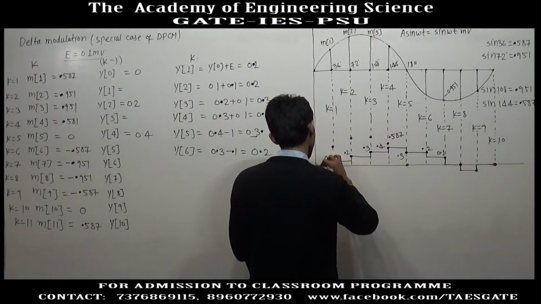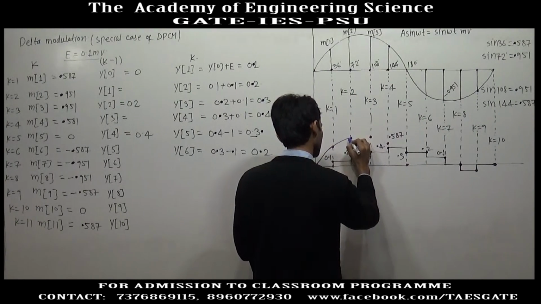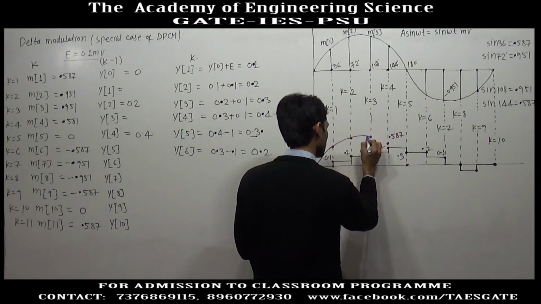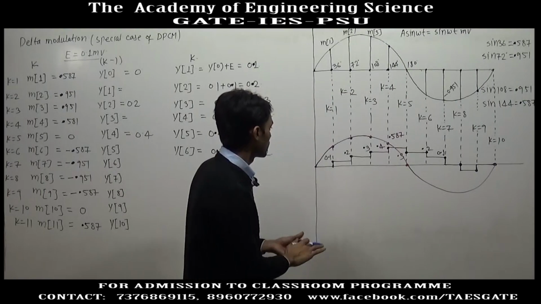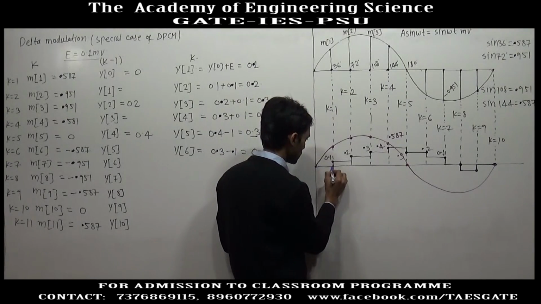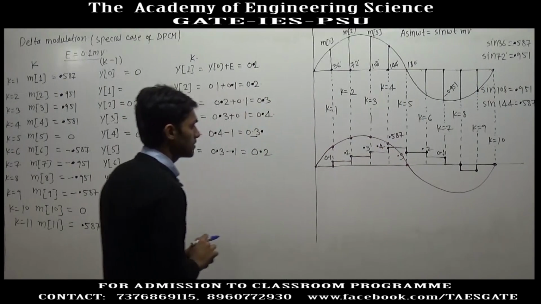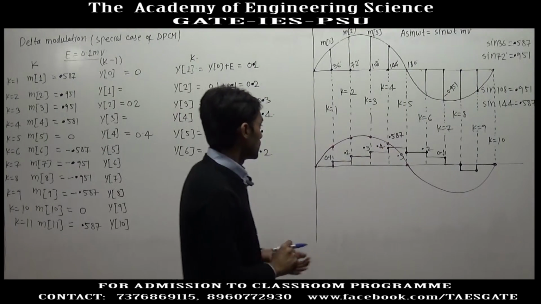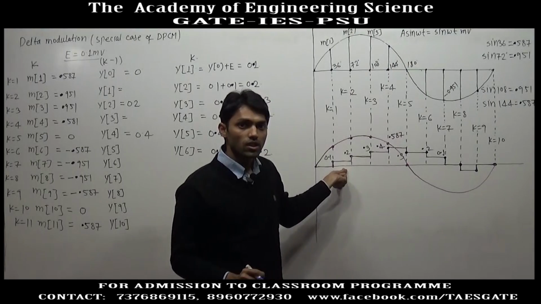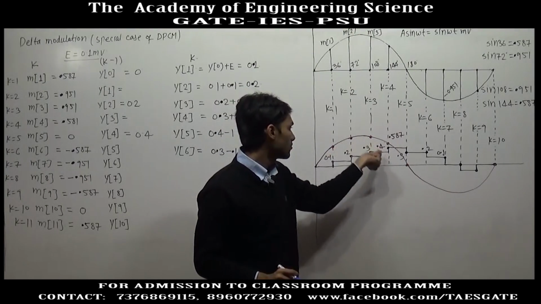So, if we plot the desired output, this is the desired output and this is the output of delta modulator. So, here we can say the output of delta modulator is very slow as compared to the input.